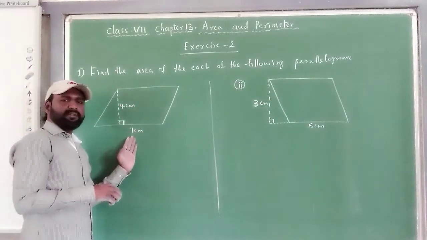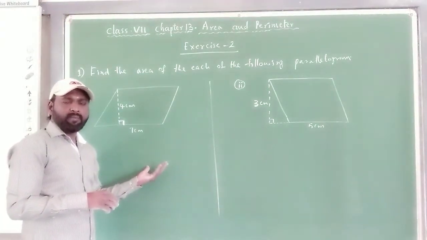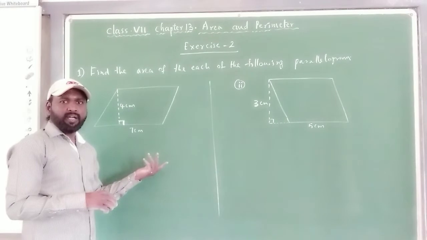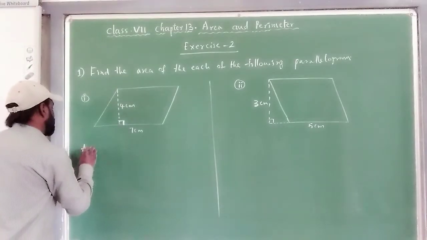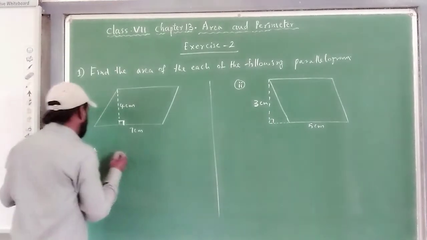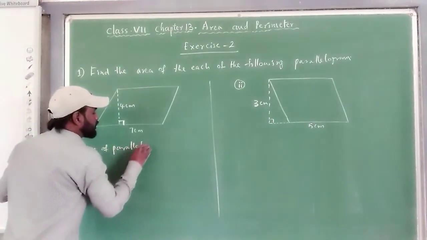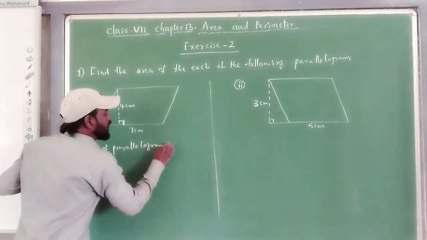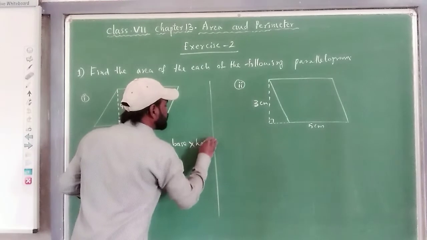The base is 7 centimeters. Just now I told you the area of a parallelogram can be found using base into height. So area of parallelogram is base into height.